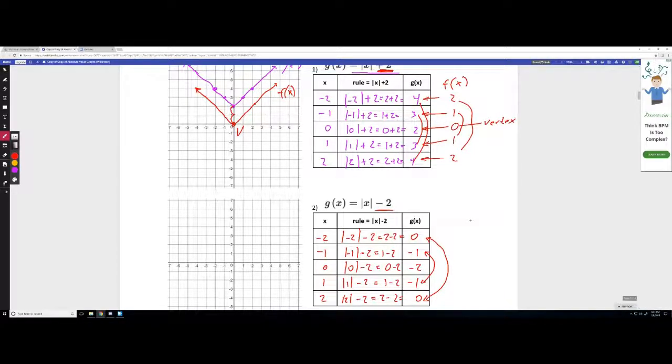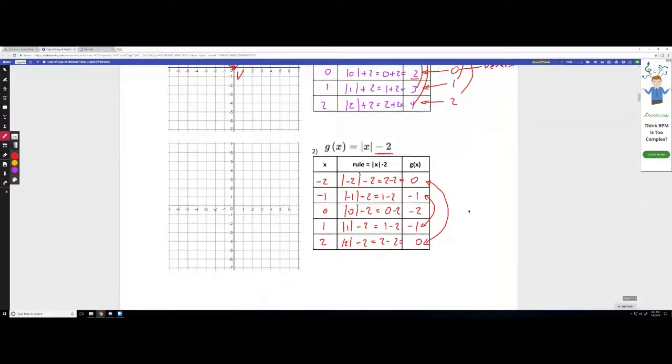In the last example, our vertex was at 0, comma 0 for f of x, and it was at 0, comma 2 for g of x. So that symmetry occurs right at the vertex. It's kind of interesting, and in fact, we get into it a lot with geometry, when we start talking about symmetry and reflections.